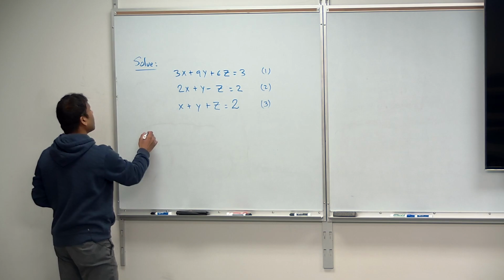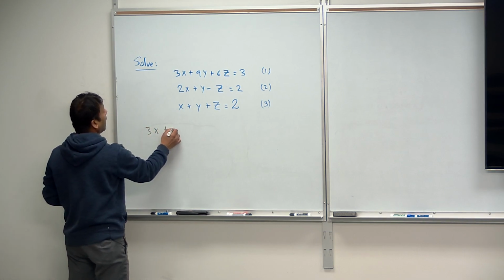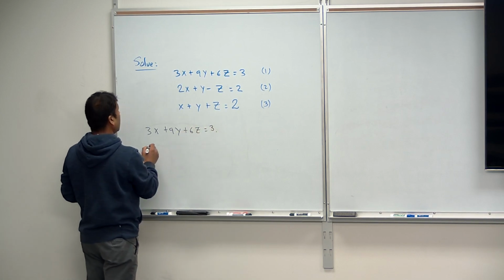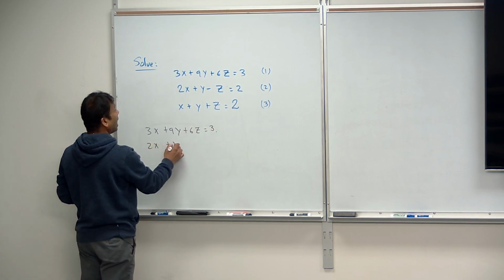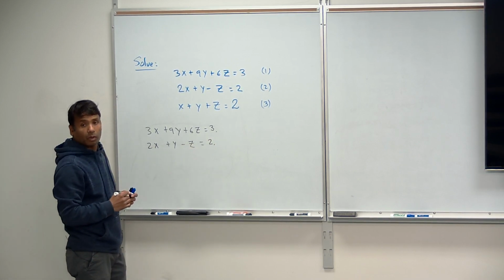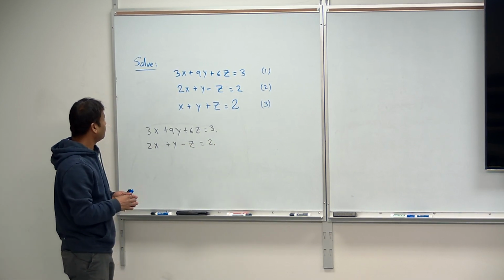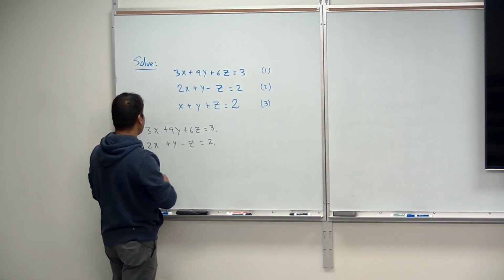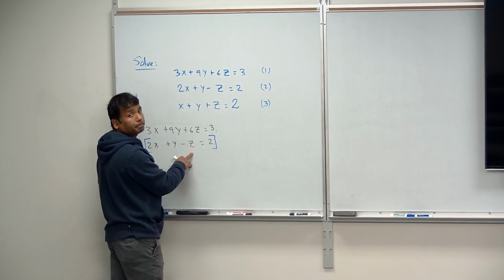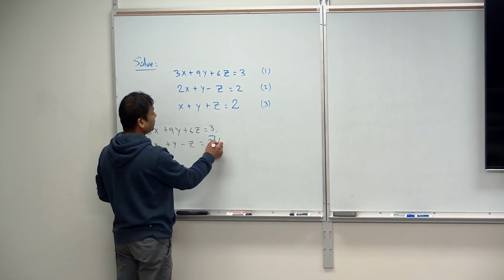Your equation 1 is 3x plus 9y plus 6z equal to 3. And this is 2x plus y minus z equal to what? 2. Is that right? So what would you like to eliminate? z. So if you want to eliminate z, you have to multiply this equation by what? 6.